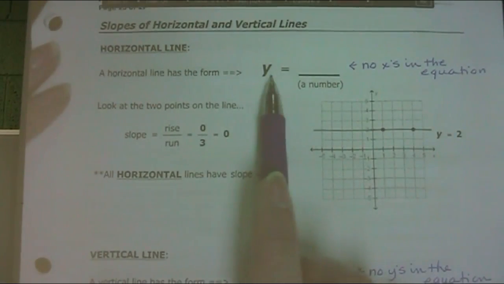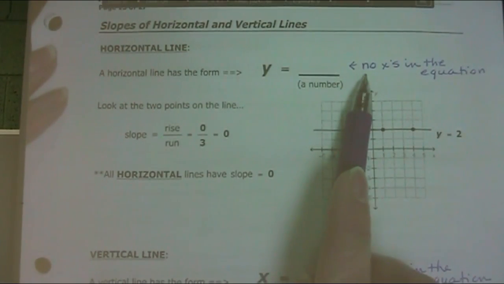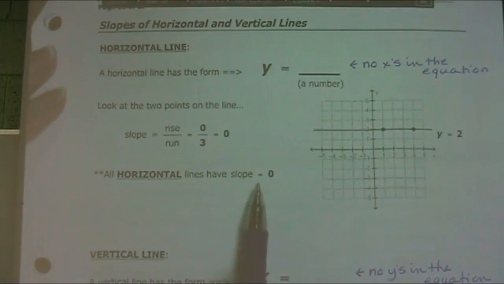What you have to remember is if you have no x's in your equation, it is an equation for a horizontal line. All horizontal lines have the slope of 0. So if you have an equation that's y equals a number and there are no x's, the slope is 0. It's just a fact you'll have to memorize.